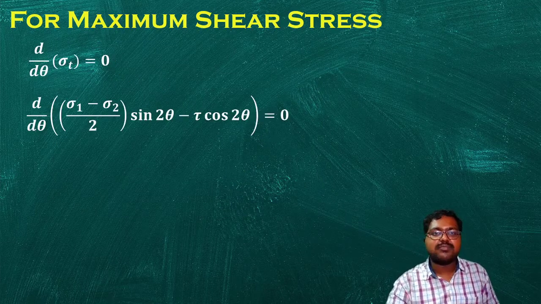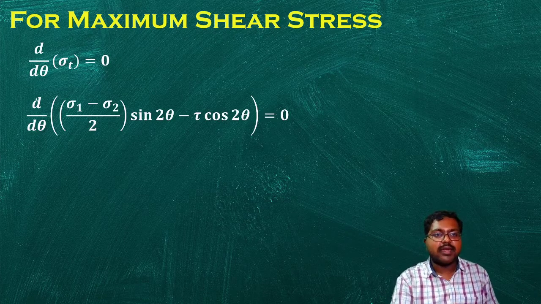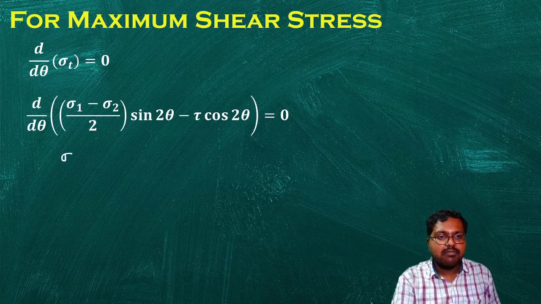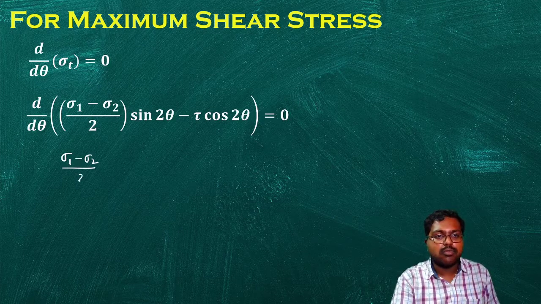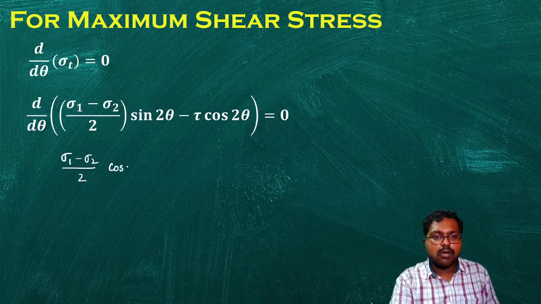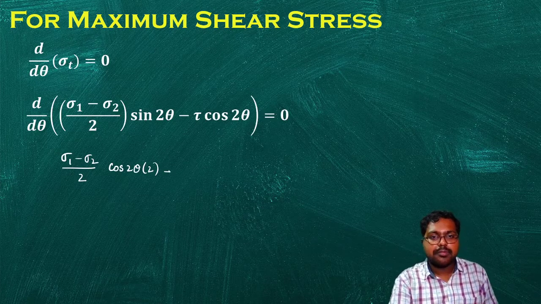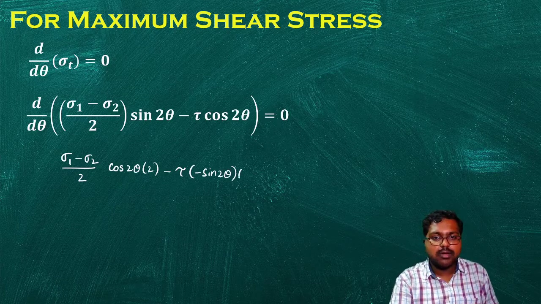To find the value of this maximum shear stress, we need to consider d by d theta of sigma t equal to 0, from the principle of maxima and minima. So we got a value like d by d theta of ((sigma 1 minus sigma 2) by 2 into sine 2 theta minus tau cos 2 theta) equal to 0. If we simplify it, we will get (sigma 1 minus sigma 2) by 2 cos 2 theta into 2 minus tau minus sine 2 theta into 2 will be equal to 0.